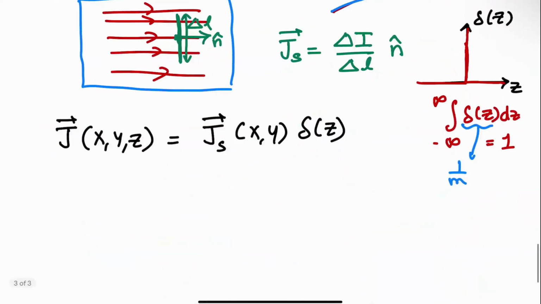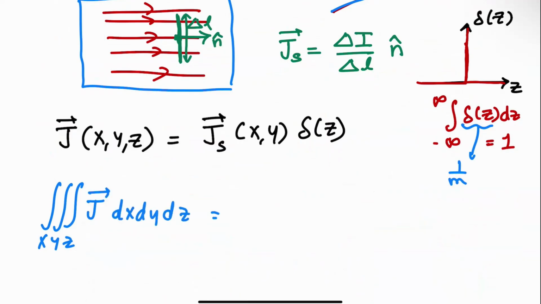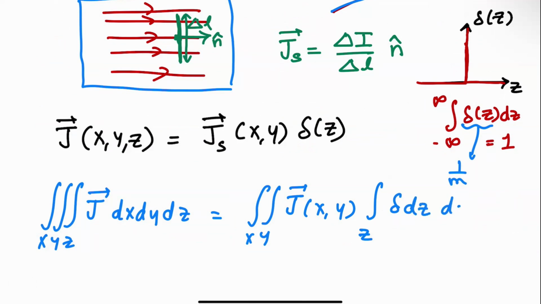Just as an example, we can do it in Cartesian coordinates. The integral of x bar cross J dx dy dz. J is not a function of z, so you have nothing but J of x comma y, a volume integral, the z integral of delta of z dz dx dy.